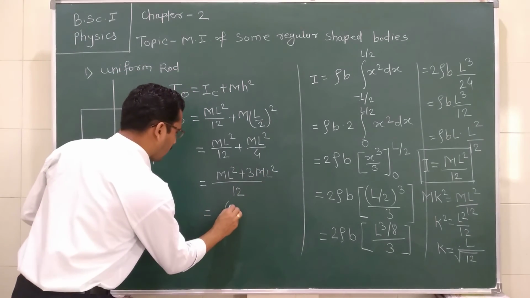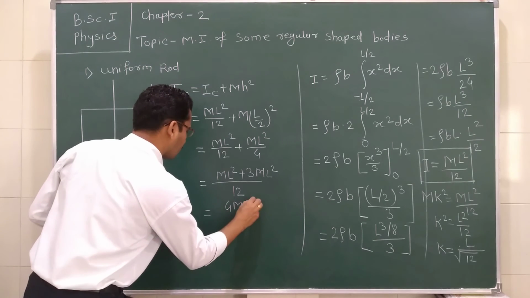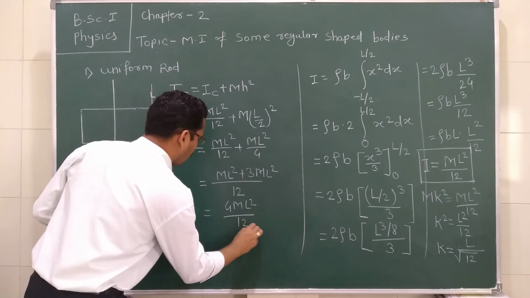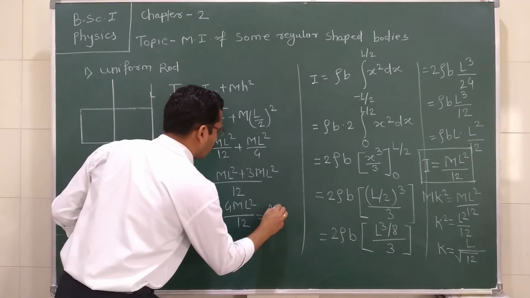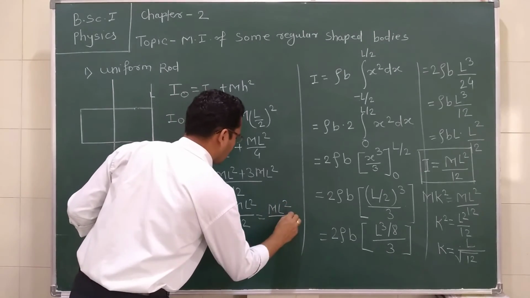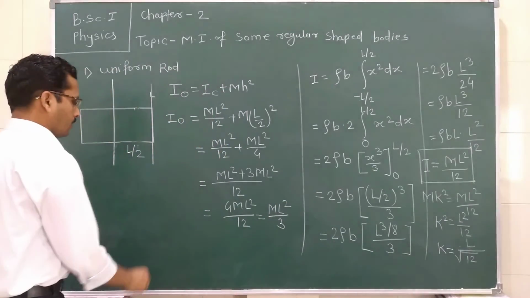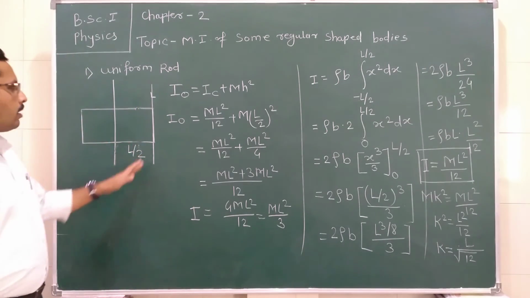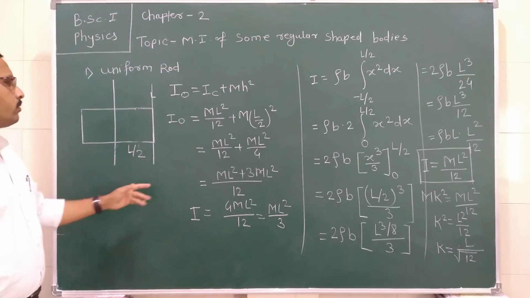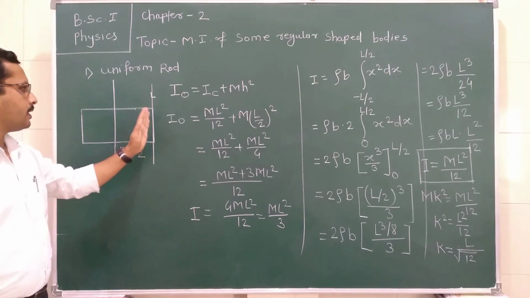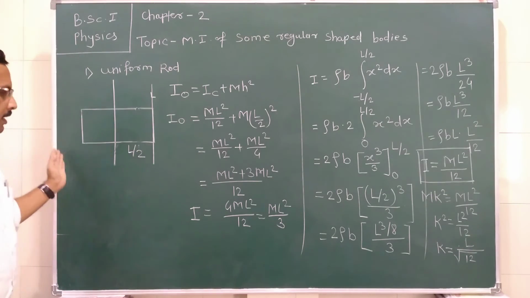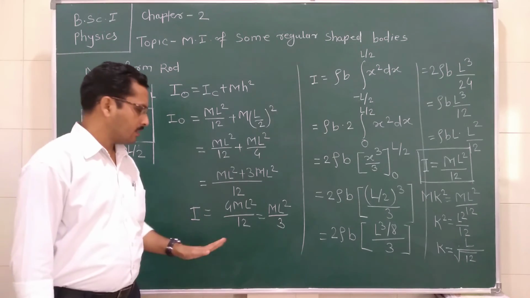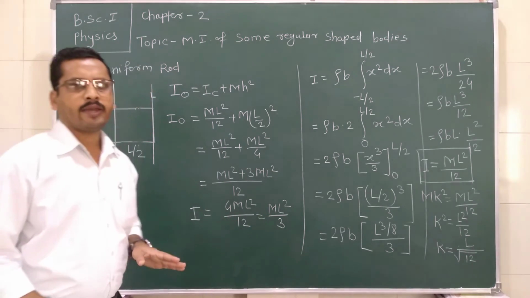It is equal to 4 ml square divided by 12, or we can also write it is equal to ml square divided by 3. So this is the moment of inertia of the uniform rod about the axis passing through one end of the rod. Either this one end is on this side or on this side, the moment of inertia will be the same, that is equal to ml square divided by 3.